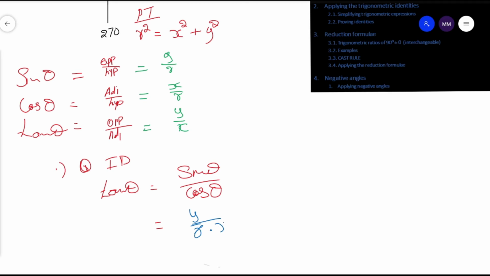Then we know that r will cancel r and we'll be left with y over x. But according to these trig ratios, y over x equals tan theta. So that's how we are able to prove the quotient identity.